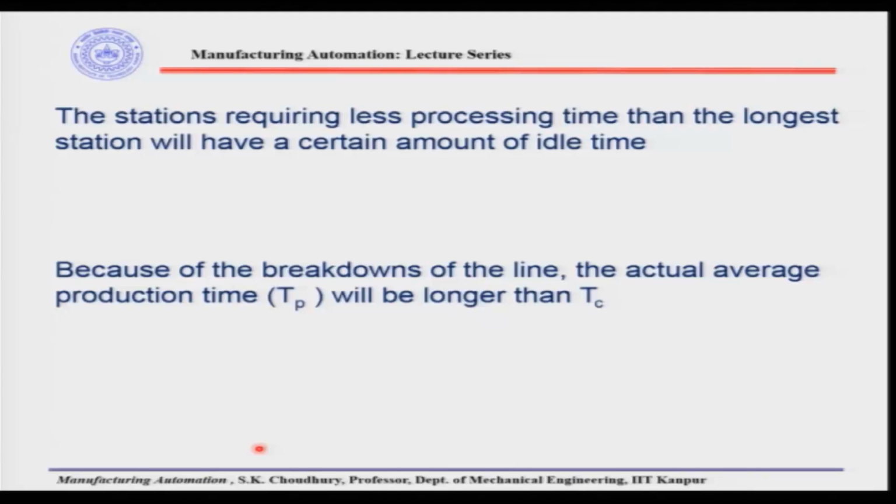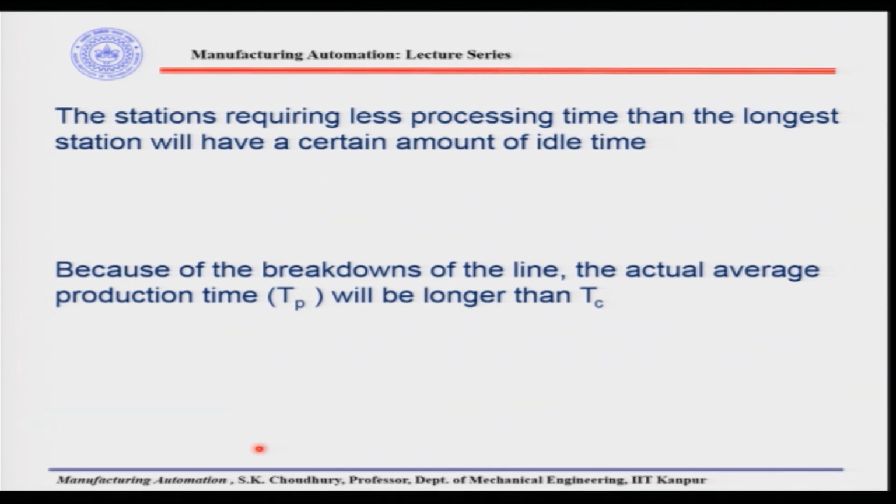So the longest one, maybe 4.5 minutes, has to be considered, because only then would all the machines be covered. In that case, the machines which take less processing time have to wait for some time for the parts to get transferred. Let us see how it is done.